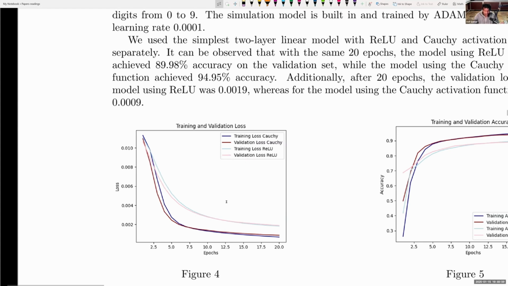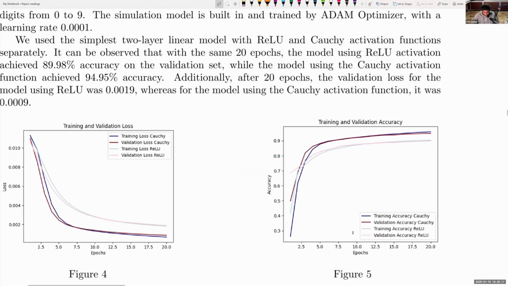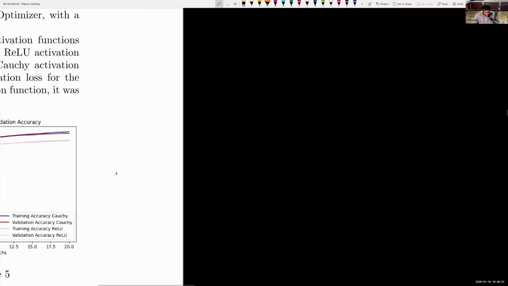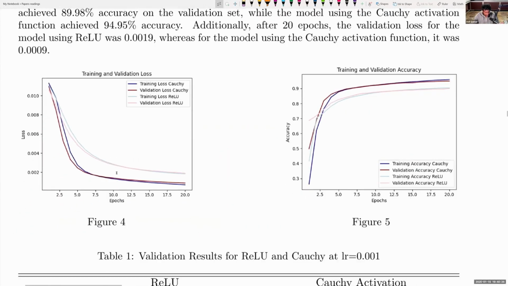Now, when you just change it to Cauchy, you can see the training is much faster, and not only that, the final loss is also a little bit smaller. Similarly, that reflects in the accuracy also. The light blue and light pink are for the ReLU, and the dark red and the dark blue are for the Cauchy, and you can see the accuracy is also better. So on MNIST, they show that they are giving better results.